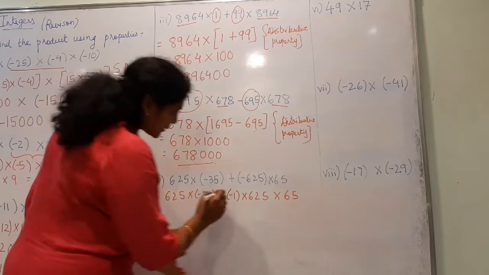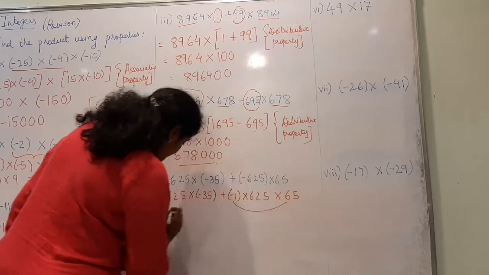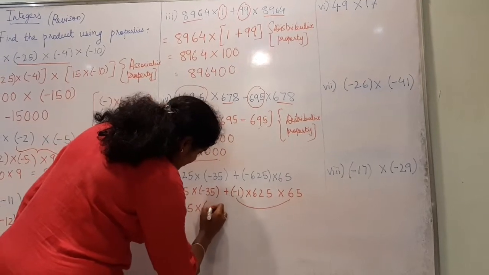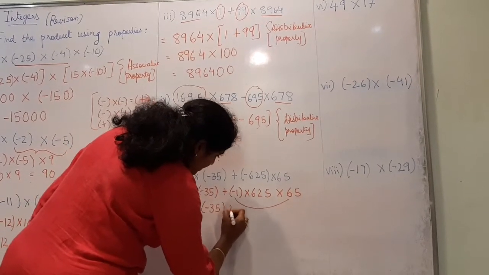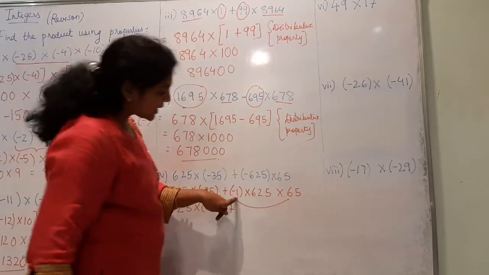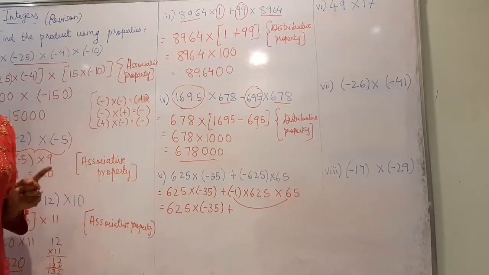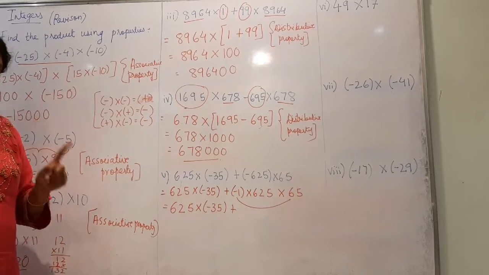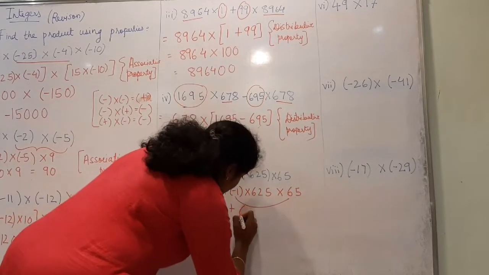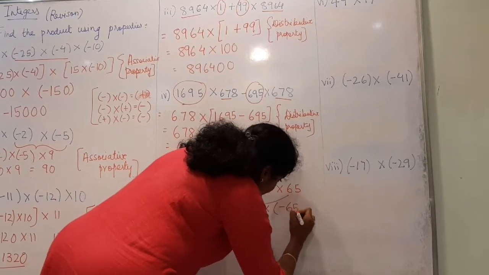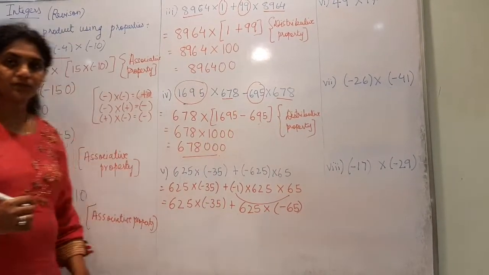Now I will combine these two. So this will be 625 into minus 35 plus minus 1 into 65 is minus 65. Minus into plus is minus. So this will be 625 into minus 65.